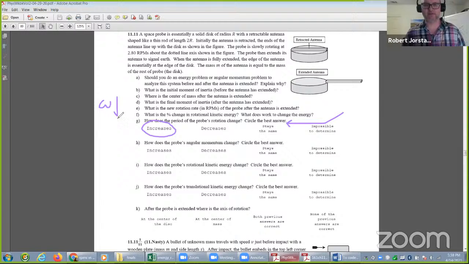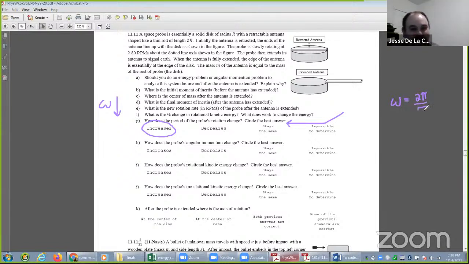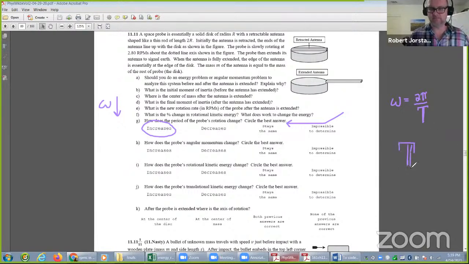Omega goes down, but remember that omega is equal to 2 pi over the period. Is that what you needed, Jess? Yeah, I just got mixed up. Yep. And you could see why I put this on there. It's that extra step of remembering if omega goes down, the period goes up. Takes longer.